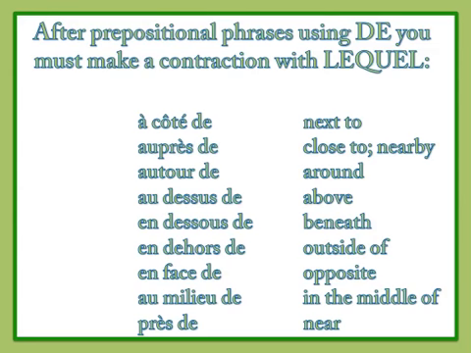So if you have something like à côté de, and that is followed by a masculine word, you would have de and le next to each other, which means you would have to make a contraction. For example, if it said next to the park, à côté de le parc. We can't say de le parc. We have to say à côté du parc.